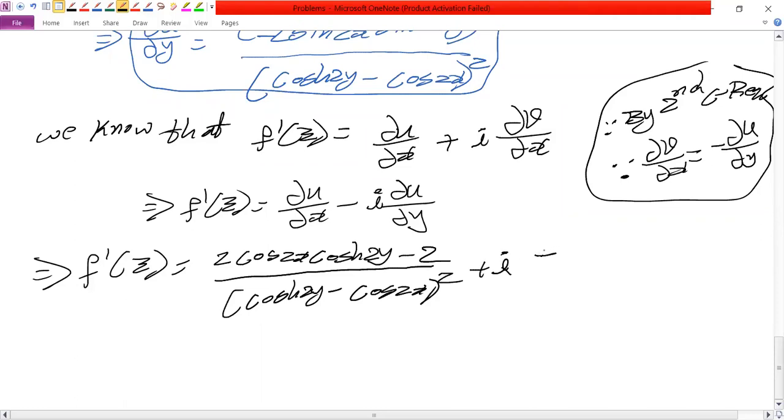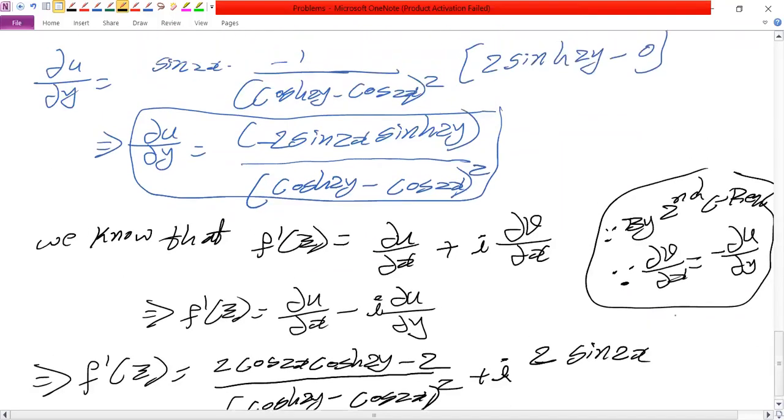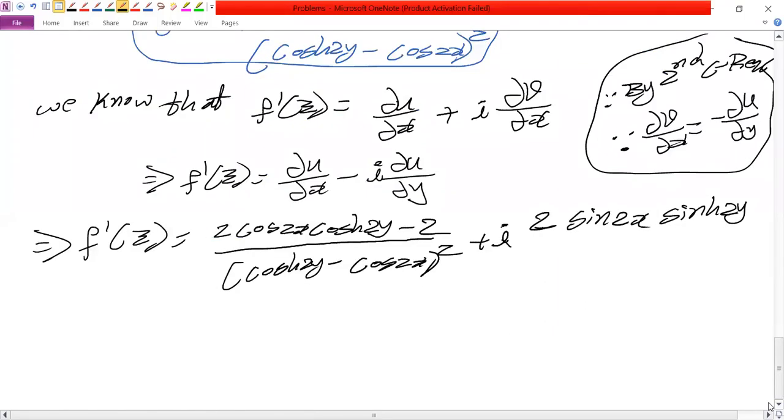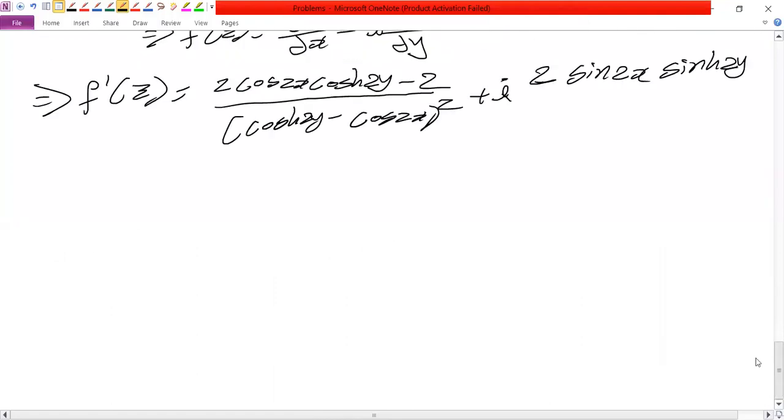So can I write it as plus 2 into sin 2x into sinh 2y whole by the same denominator here also, (cosh 2y minus cos 2x) whole square.